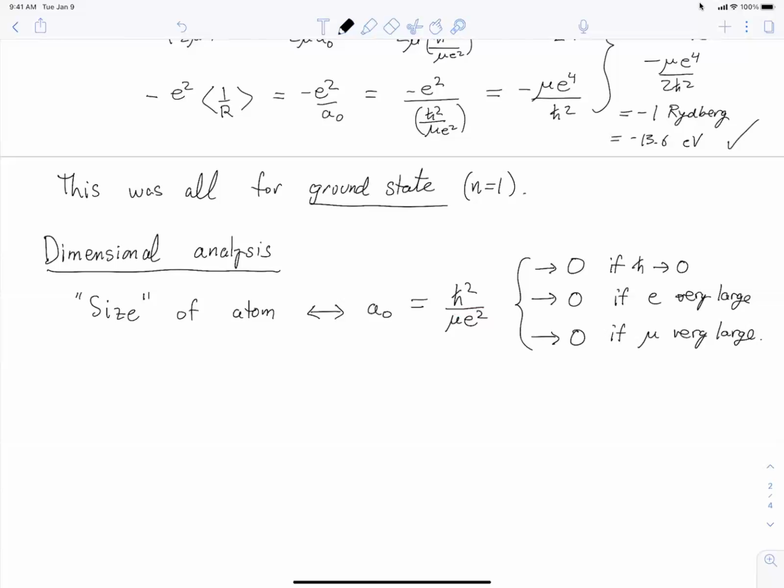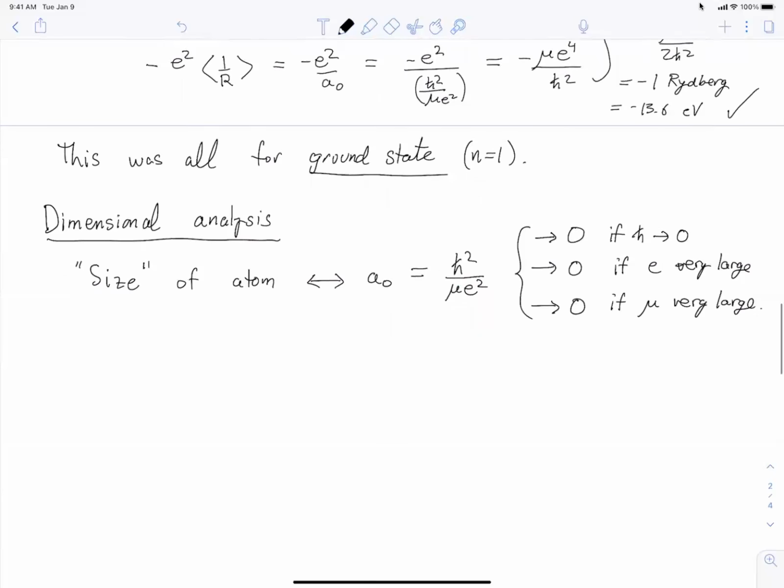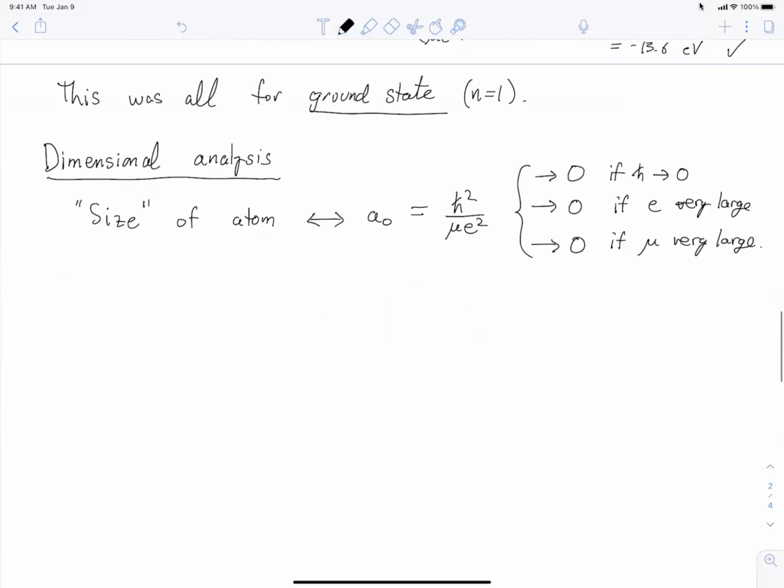Well, I say pretty much because it's not quite true, because there's another dimensionless quantity you can make, and that's called the fine structure constant. So a dimensionless quantity.